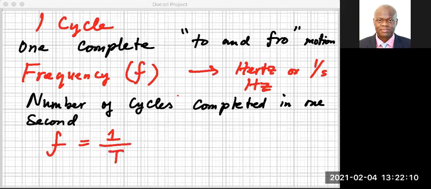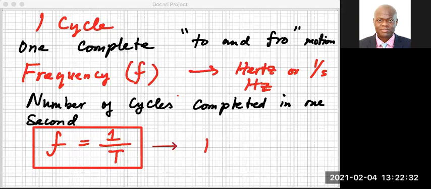Okay, that's one of the first equations you need to take note of. So if you know the frequency, then you know the period, right? Because the period is just the inverse of the frequency, and the frequency is the inverse of the period as well. So T equals 1 over f. Simple arithmetic, right? If you flip both sides, then the right-hand side becomes T, the left-hand side becomes 1 over f. If you flip it again, you come back to f equals 1 over T.